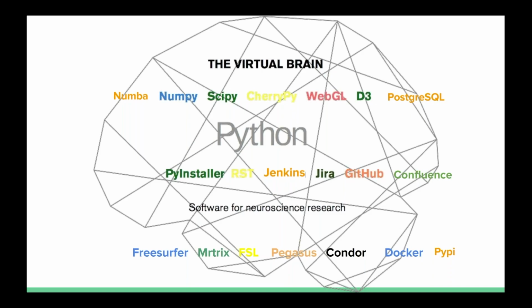For the web application, we use CherryPy plus WebGL, pure WebGL so far. We have a relational database as well. PostgreSQL is the recommended one for indexing and storing some generic metadata.